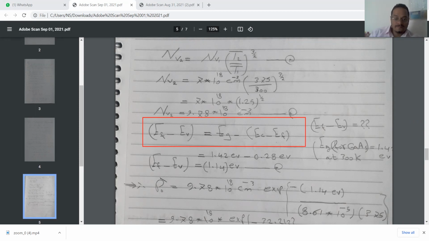For gallium arsenide, the energy band gap equals 1.42 eV. That means we have this result, and EF minus EC minus EV we didn't calculate.